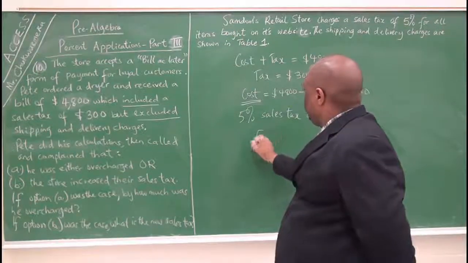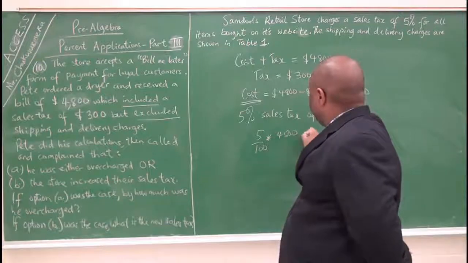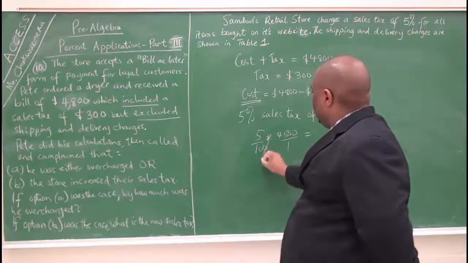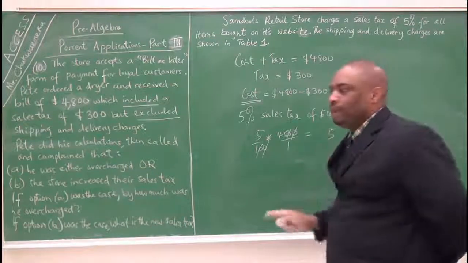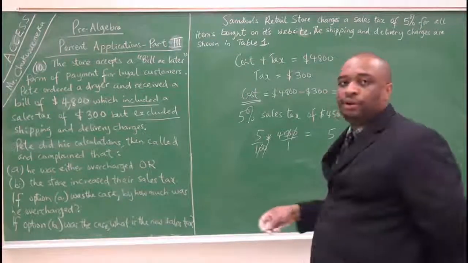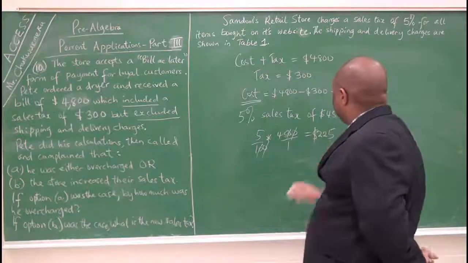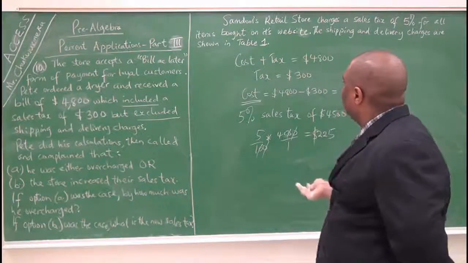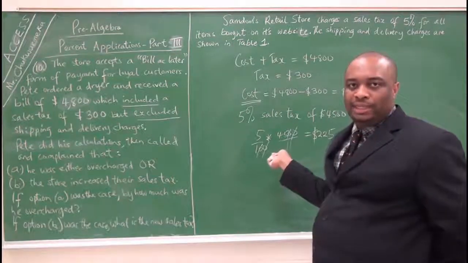This will give us 5 over 100 times 4,500 over 1. This will cross out. 5 times 5 is 25, 5 carry over 2. 5 times 4 is 20, 20 plus 2, 22. So $225 is the actual tax that they are supposed to charge him.